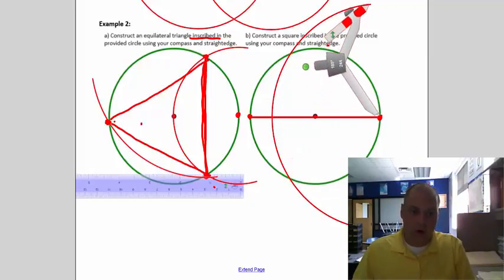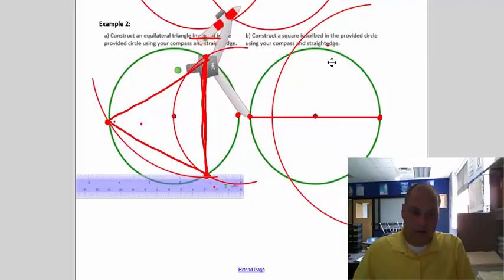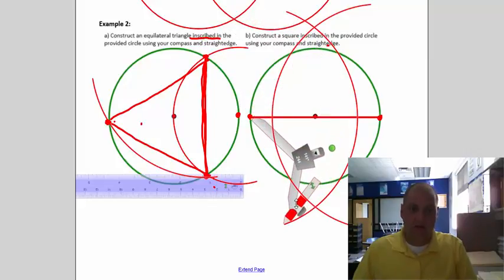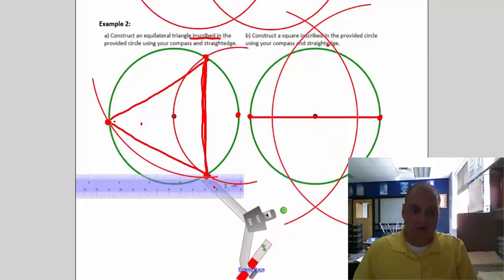There's one of our circles, and then we move it to the other one, and swing it again.